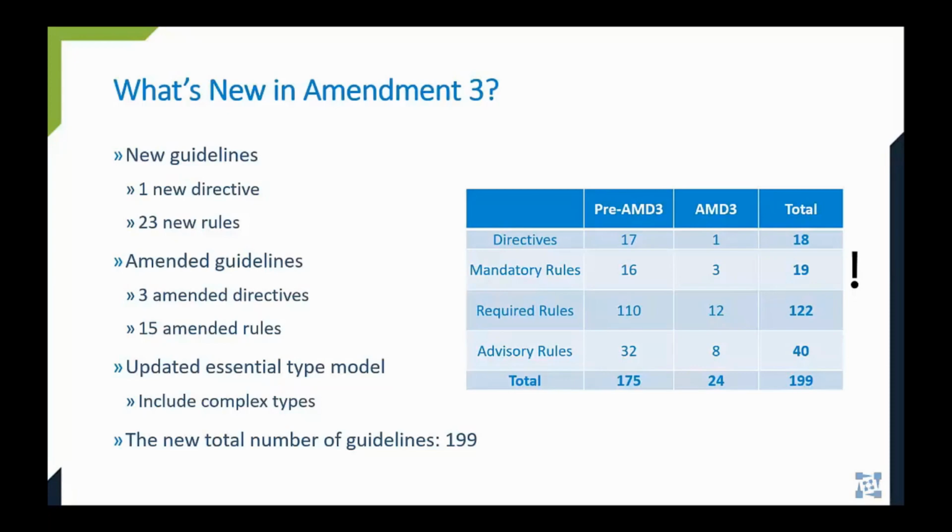So it means we currently have 19 mandatory rules in MISRA C. The document also adds 12 new required rules that may be violated when supported by an appropriate deviation procedure, and 8 new advisory rules that do not require a formal deviation procedure for violations. So now let's have a look at some of the new MISRA rules.